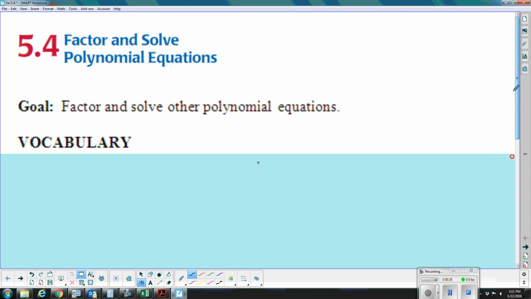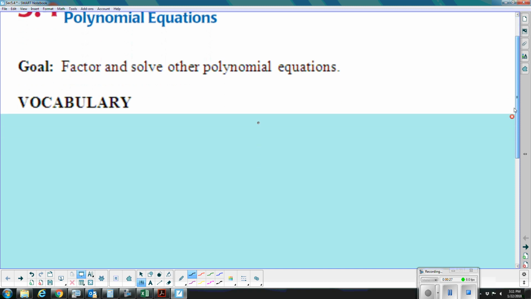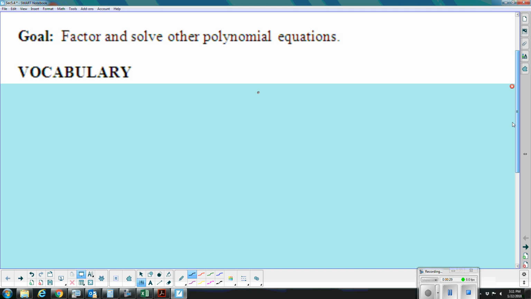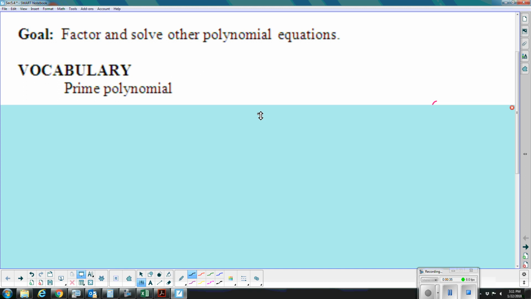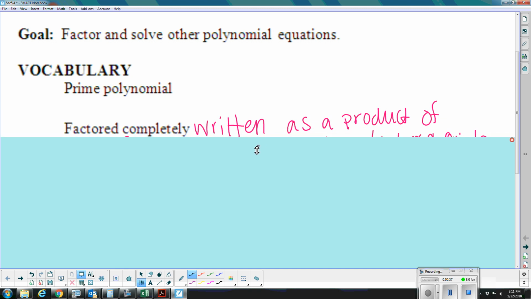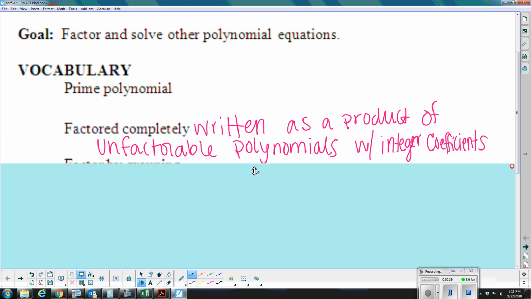So some key vocab terms we have, if you look at your note sheet, the first term that we have is prime polynomial. Now we're going to define that in just a second, but we're going to move on to the other three terms. So we'll get to this prime polynomial because it's kind of a lengthy definition, but the factored completely is any time you can write the polynomial as the product of unfactorable polynomials.